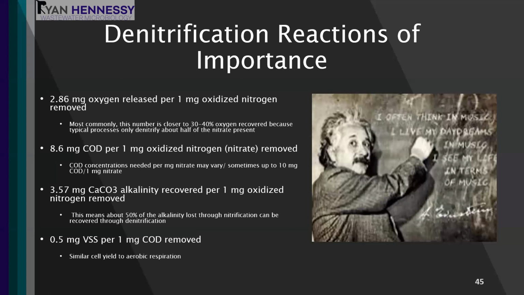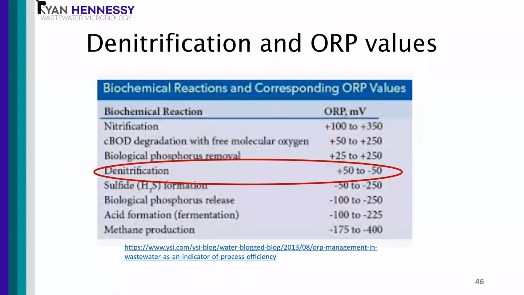And when you look at denitrification, there's a lot of energy produced, even though it's an anoxic and not an aerobic reaction. There's a very similar cell yield. So denitrification happens quickly as long as you have the driving force, which is that carbon source.